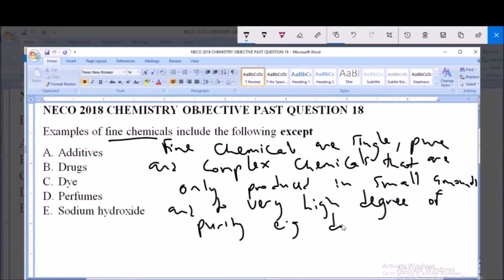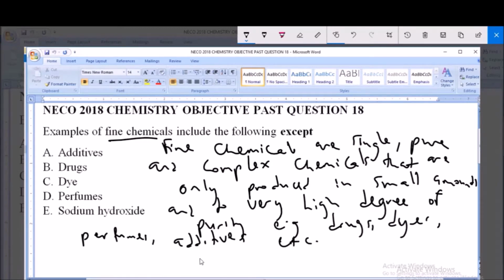Examples include drugs, dyes, perfumes, additives, etc. Now, the opposite of fine chemicals is bulky chemicals.